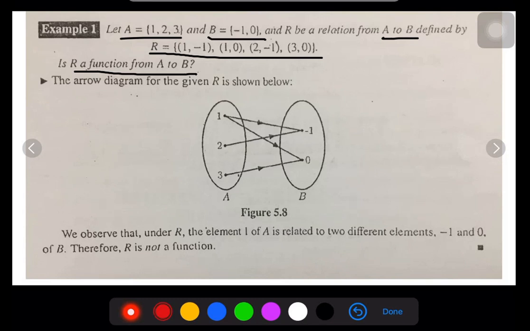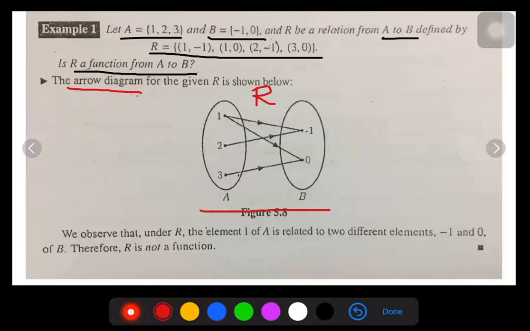So we have to try to represent it in pictorial form. First draw the arrow diagram. Then by looking at the diagram we will understand whether the relation R is a function or not. So already I have told what kind of symbols are allowed here.